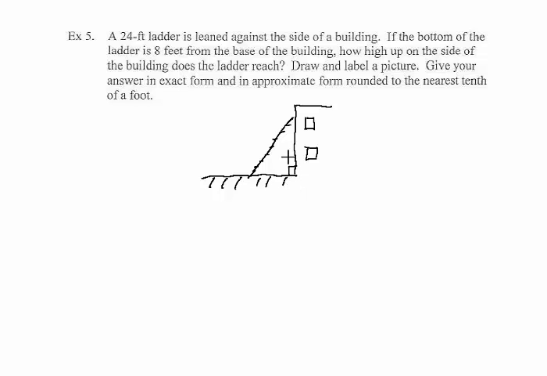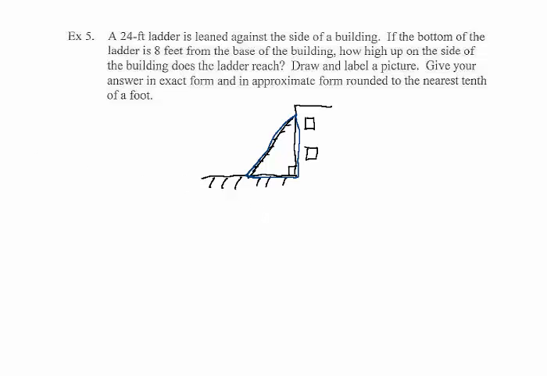If that's the case, then the wall of the building and the ground meet at a 90-degree angle. So here is our right triangle. Okay, the ladder, the ground, and the wall form a right triangle.